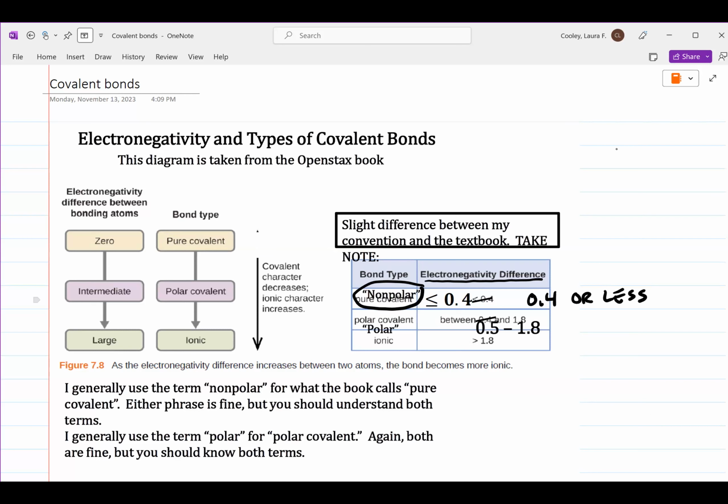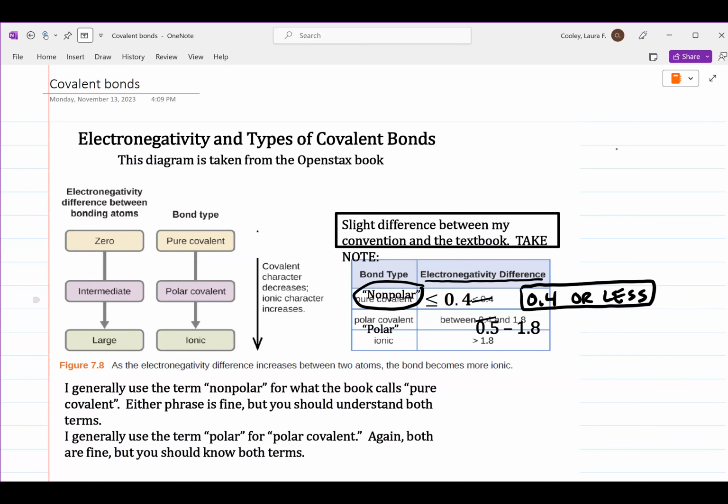The book uses the term pure covalent, which nobody says anymore. So just say nonpolar if it's 0.4 or less. They think it has to be less than 0.4, and I disagree with them on that. So use mine, because that's how I'm going to grade things, okay?